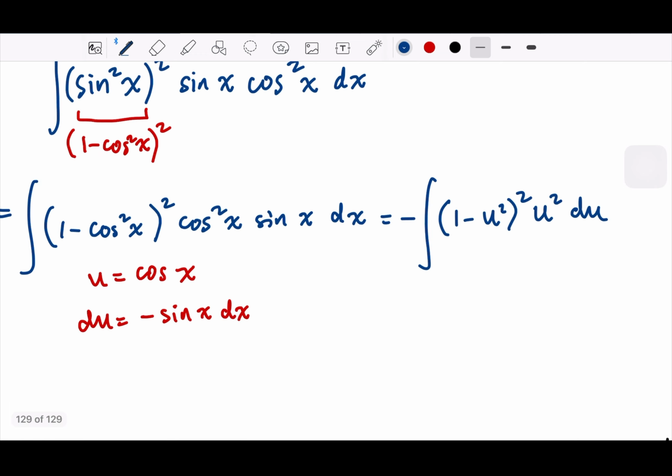I think we can solve this, right? So we can take this, and then this will be negative, multiply.